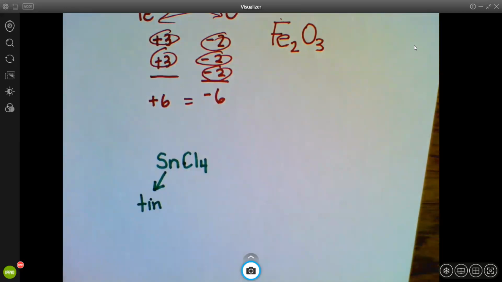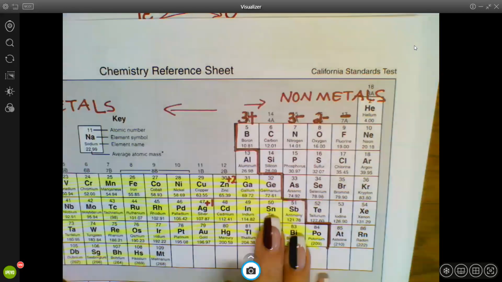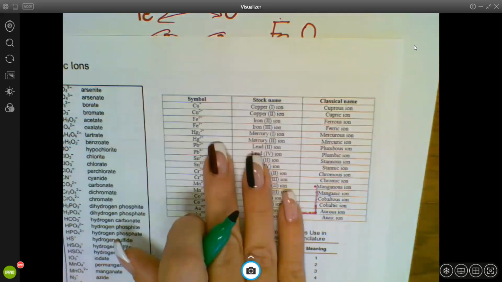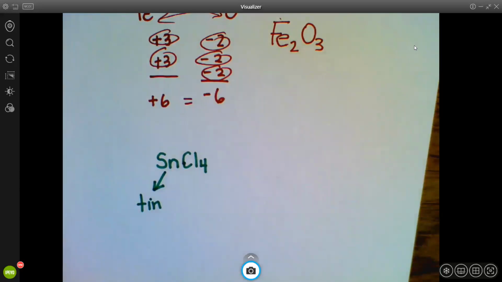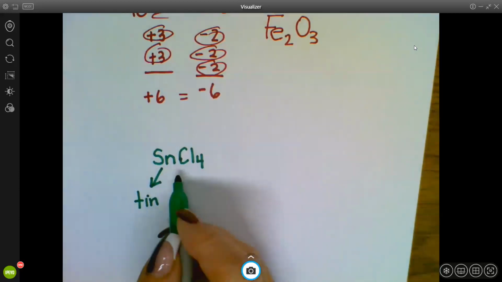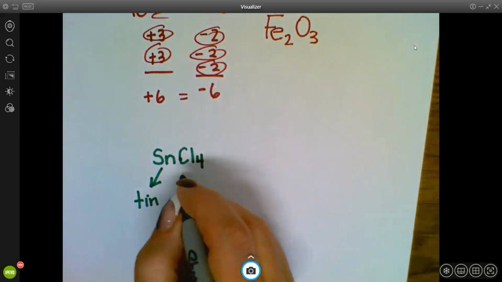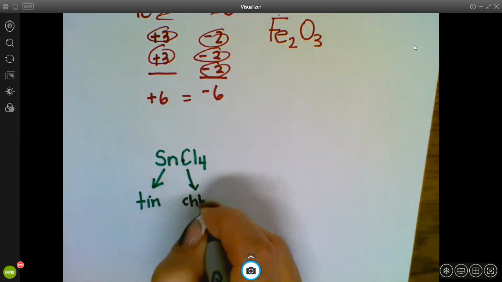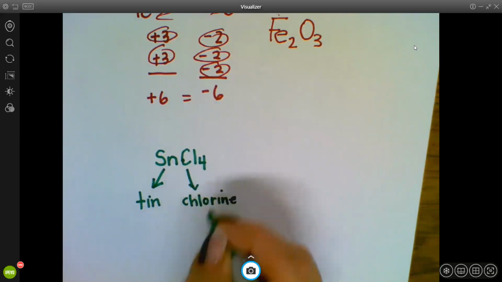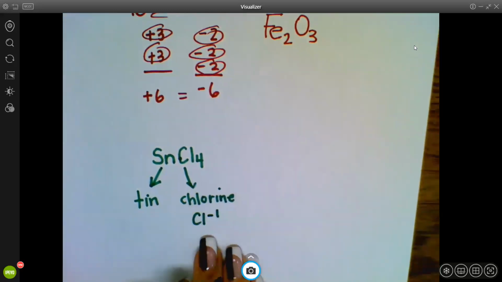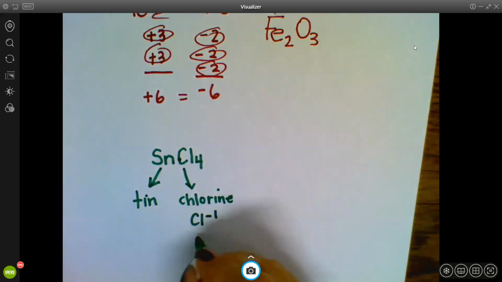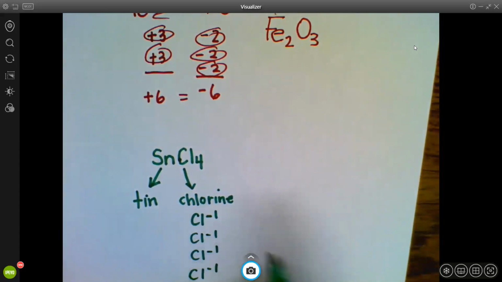I would see that tin is in that special group. It's under the staircase. And I could use a chart if I wanted to see what my options are, but I can just simply use what I know about charges. Now, Cl is chlorine, and from my periodic table, chlorine is always -1. There are 4 of them. So that means that there would be a total negative charge of -4.